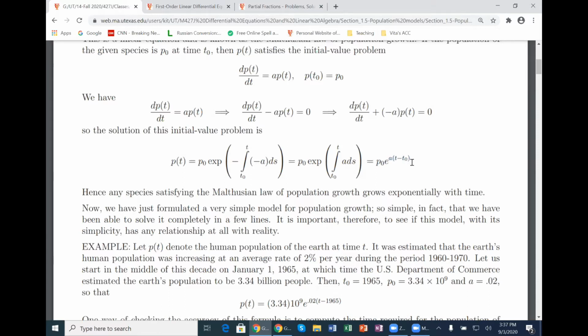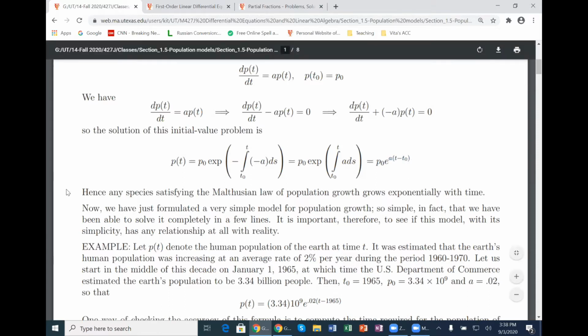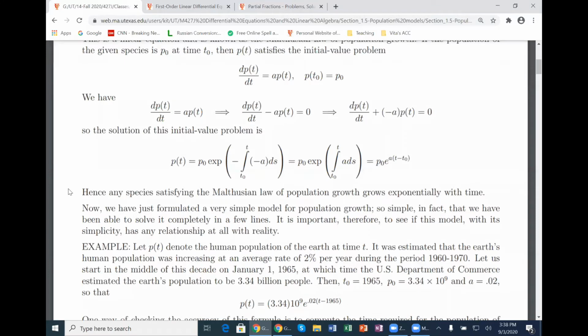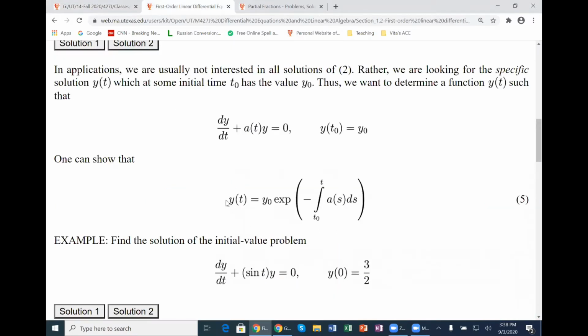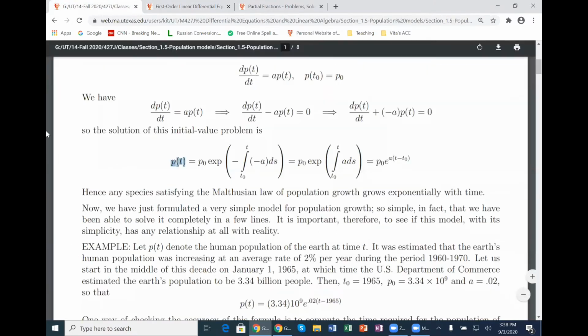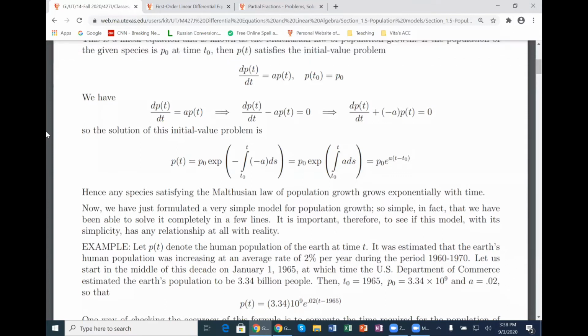Folks, any questions here? P of t would equal y on the other one, right? Yes. P of t plays the role of y over here. Absolutely. Thank you. Any other questions? Where did the s come from?